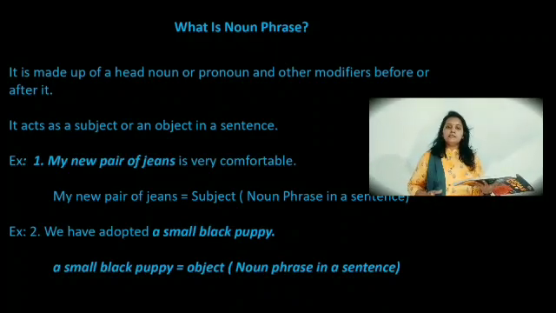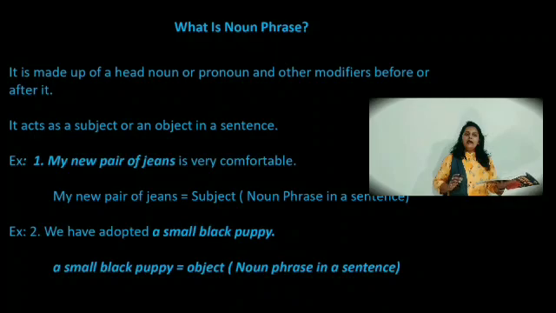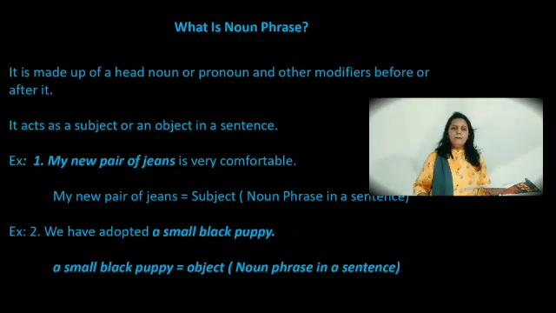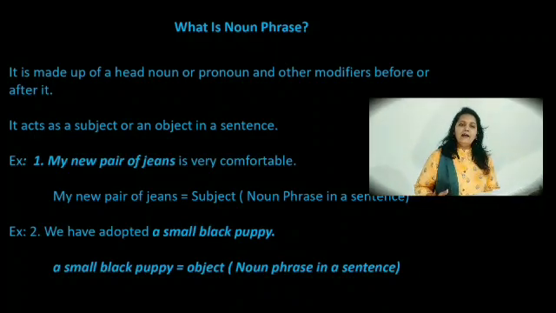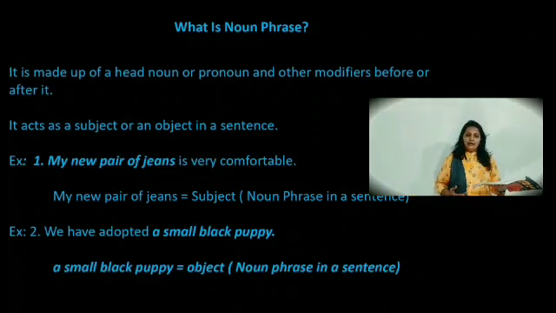Now here this is a group of words in which puppy is the head noun and the remaining words are the modifiers of that head noun, like a small black. And it is just after the verb, so you can say that this group of words is working as an object in a sentence.